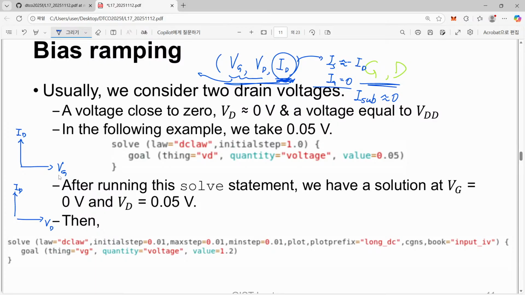Usually this kind of thing is called input property, and this one is called output property, because gate voltage is regarded as input voltage and drain voltage is regarded as output voltage. So that's the reason why we call it input characteristics and output characteristics. In this slide, we are just showing the input characteristics calculation.